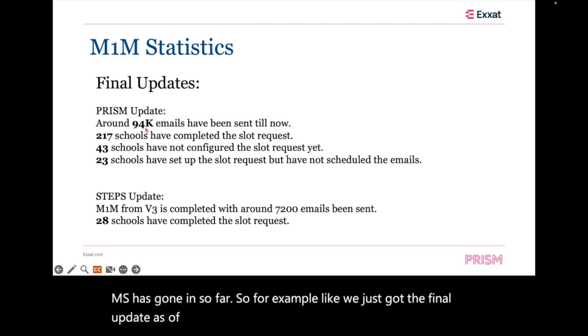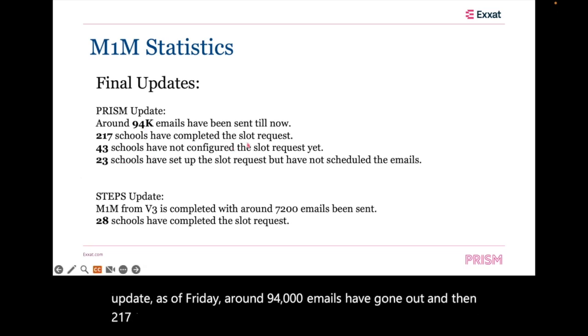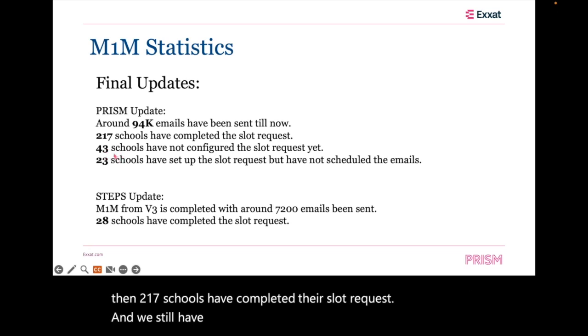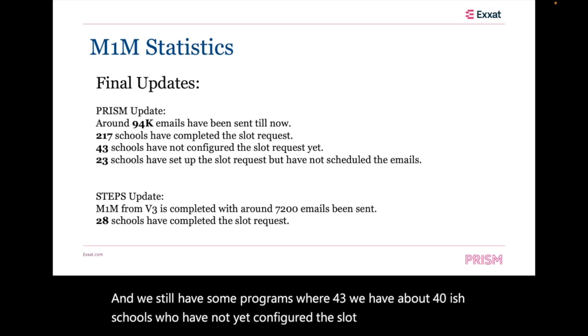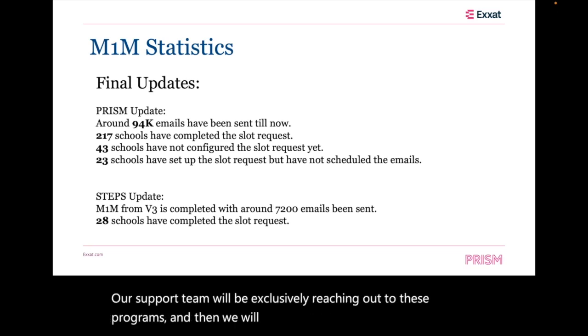Around 94,000 emails have gone out, and 217 schools have completed their slot request. We still have about 40-ish schools who have not yet configured the slot request. Our support team will be exclusively reaching out to these programs, and we will be offering some help if they require any help from our end.